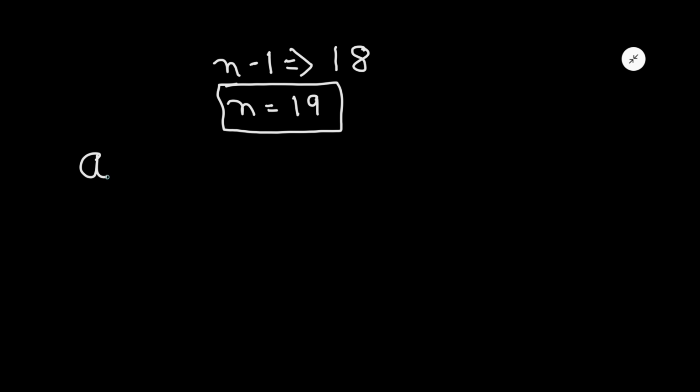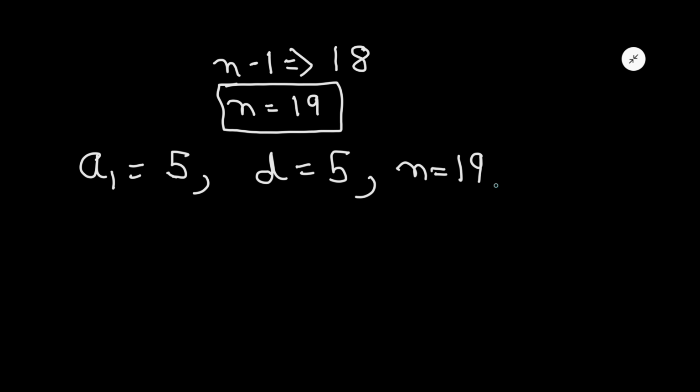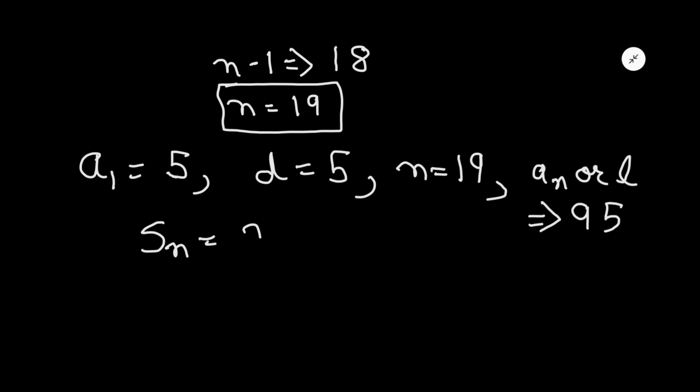So our first term is equal to 5, the common difference is also equal to 5, n is 19, and the last term is equal to 95. So we can use the second formula, which is n by 2 into a plus l.